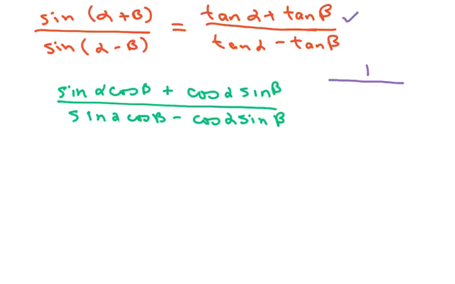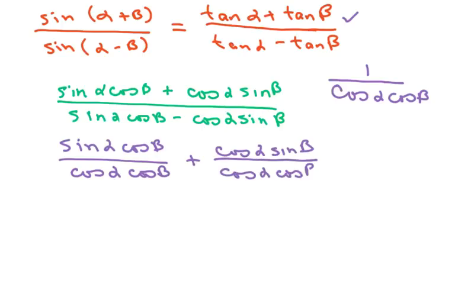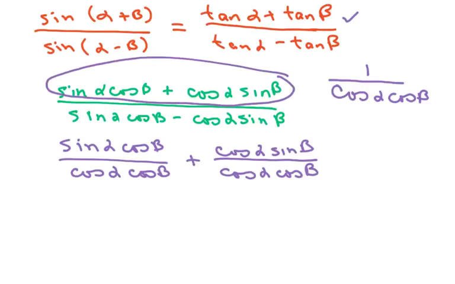So I'm going to take each piece: sine of alpha cosine of beta over cosine of alpha cosine of beta, plus cosine of alpha sine of beta over cosine of alpha cosine of beta. Now that was just this part. I took that and divided everything by cosine of alpha cosine of beta.